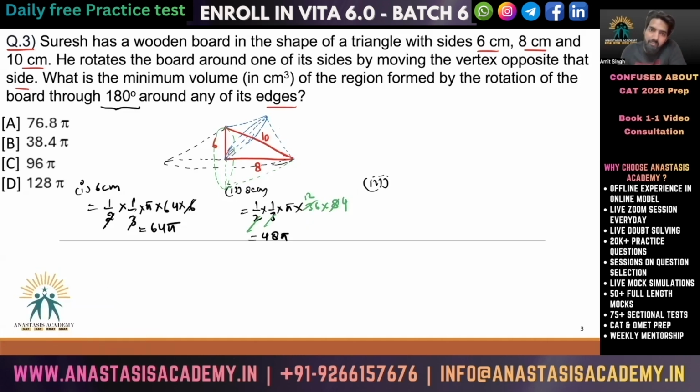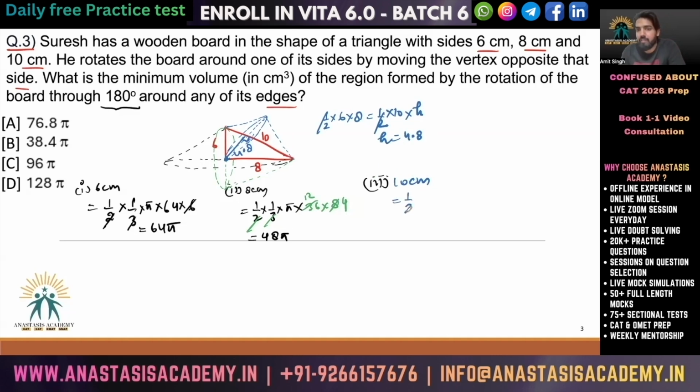So first we have to find the length of this perpendicular from this vertex to the hypotenuse. Half base into height is the area of this triangle, and I could also write it as half base is 10, that is hypotenuse, into height. So I can write the value of height, as half gets cancelled, as 4.8. So this is 4.8.